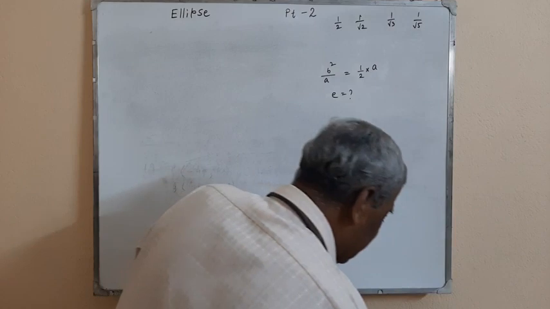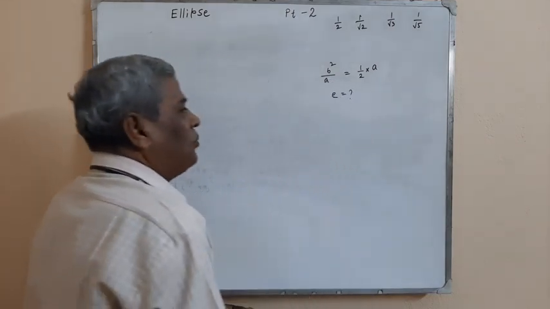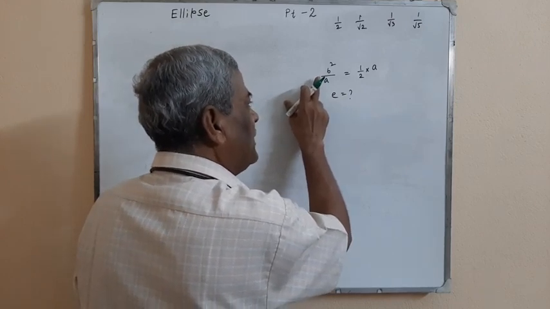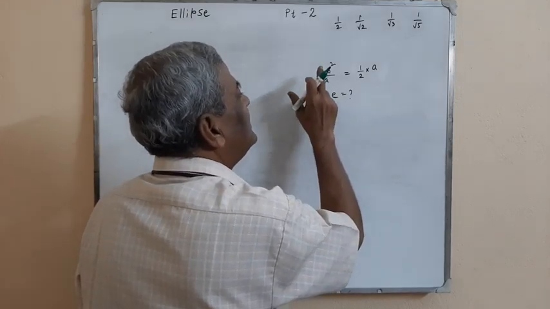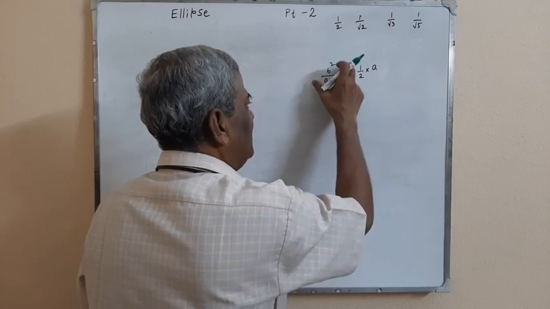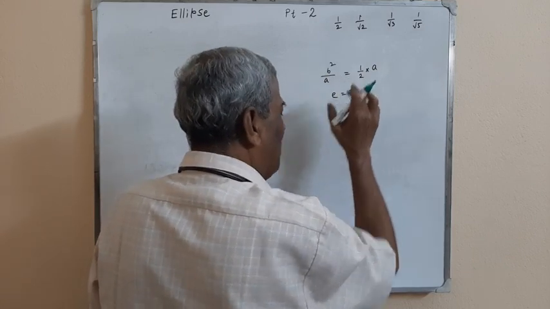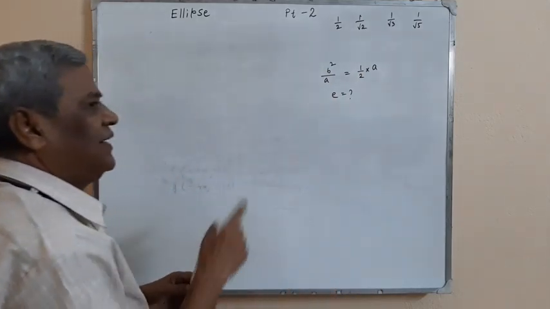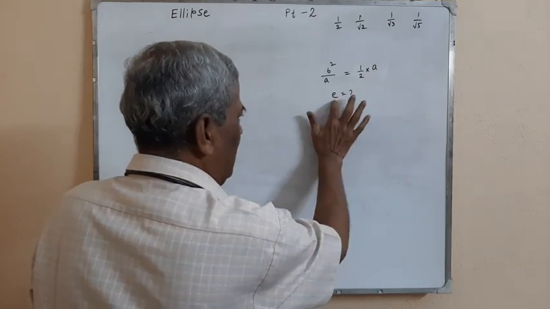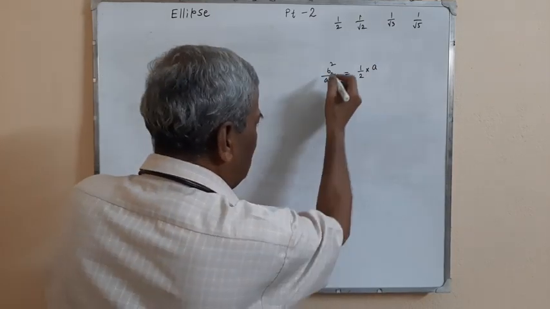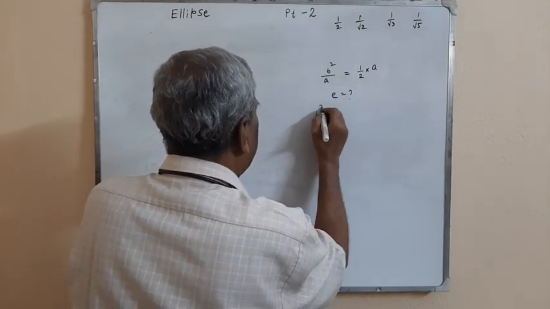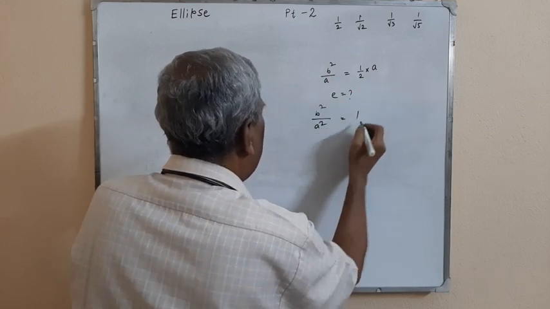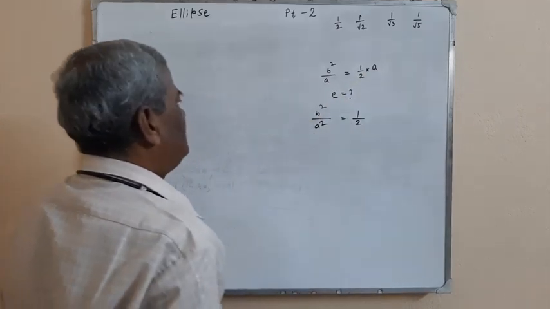So in that case, equation is not given, but one property is given that length of semi-latus rectum is equal to half of the semi-major axis. We have to find E. Now for that, once again we get b square by a is equal to half of a, so b square by a square is half.